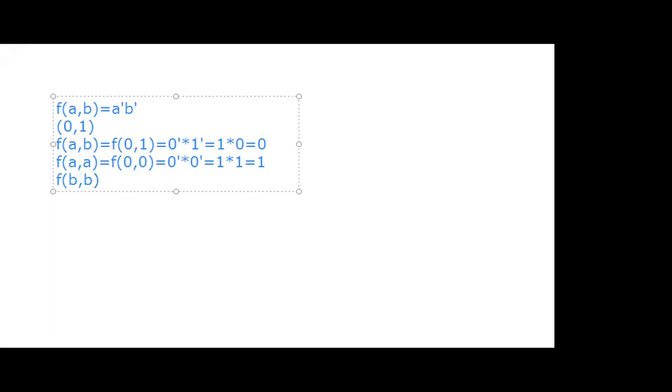Boolean algebra is what? We are taking combinations of elements whichever are possible. So b is 1 here, so f(1, 1) will be equal to 1' star 1', which is 0 star 0, and it will be equal to 0.